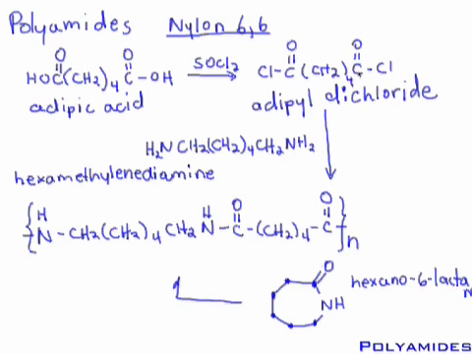Well, in this case, when this opens up, we're going to have N. At the end of the chain will be a C double bond O. And then on the next chain that attaches will be the NH. So we've changed it slightly. Okay.